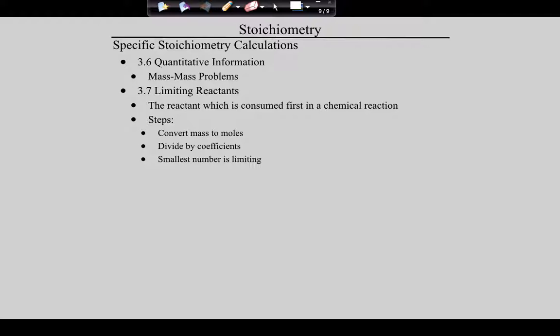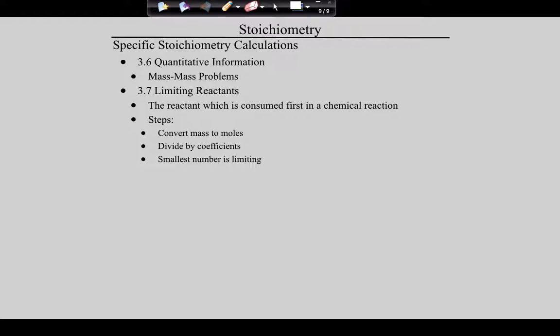So when we calculate limiting reactants, we take the masses and convert to moles. In the same way that if we have 100 pounds of bicycle frames, we need to know how much each frame weighs in order to figure out how many frames we have. Then we divide by the coefficients from the balanced equation because many times these things don't stick together one-to-one.